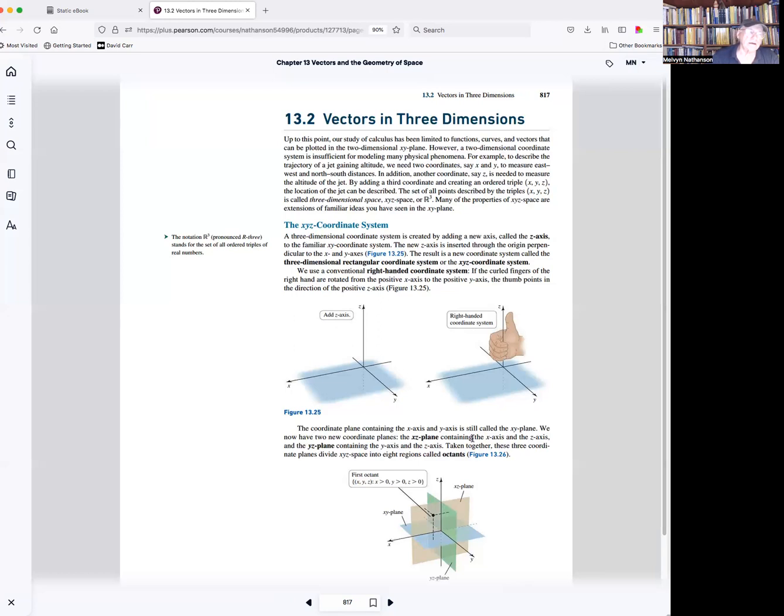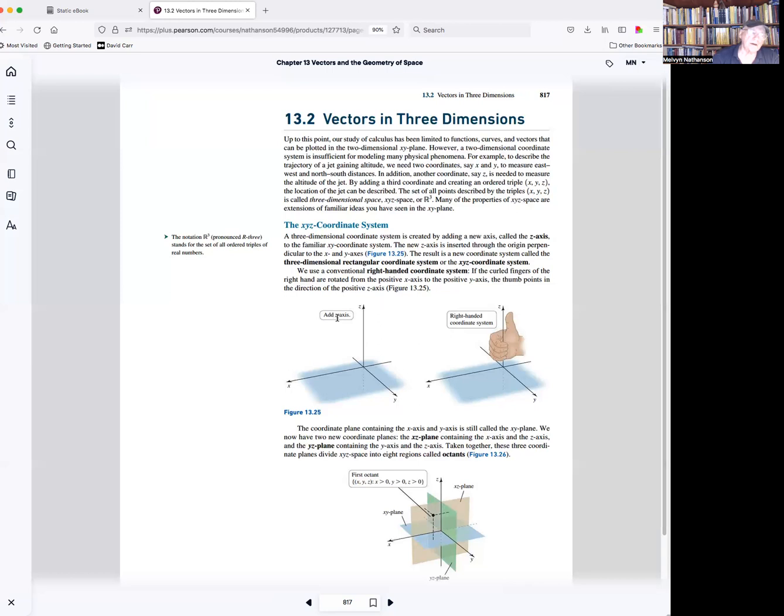And if you look at the x, y, z three-dimensional space, there are what are called the coordinate planes. For example, if you take z equal to 0, you just have the plane through the x and y axes. That's the xy plane. If you think of y equal to 0 and you take the plane through the x and z axes, that's this vertical plane.